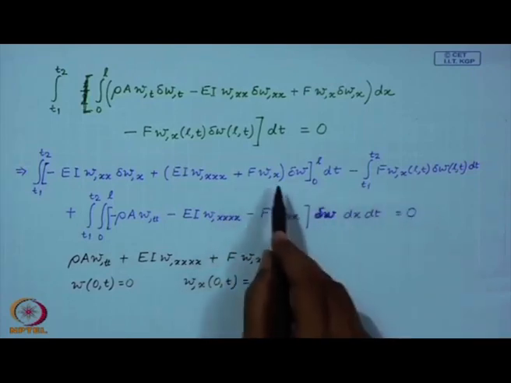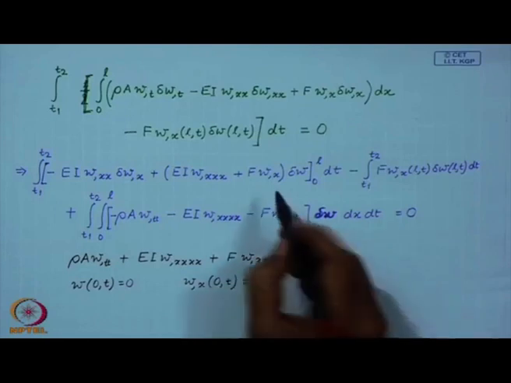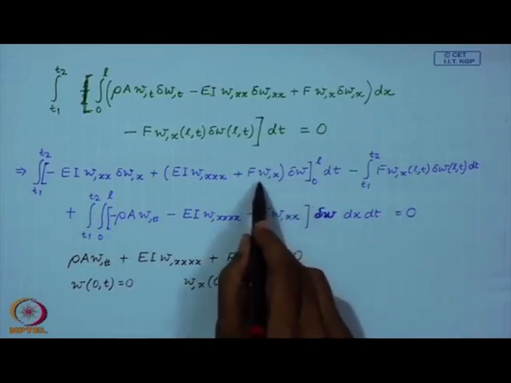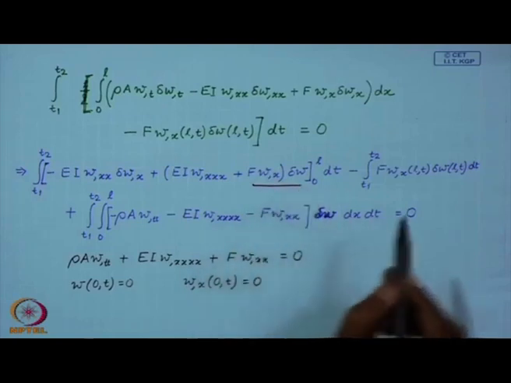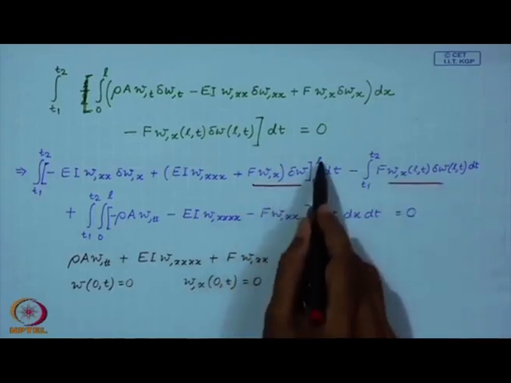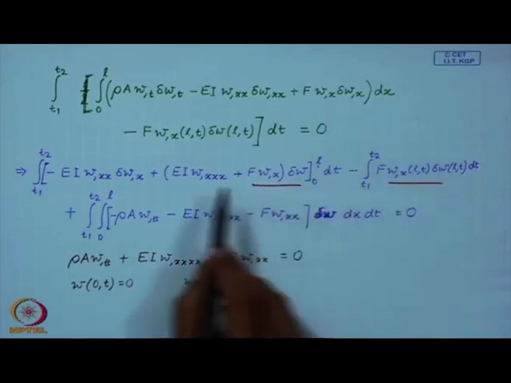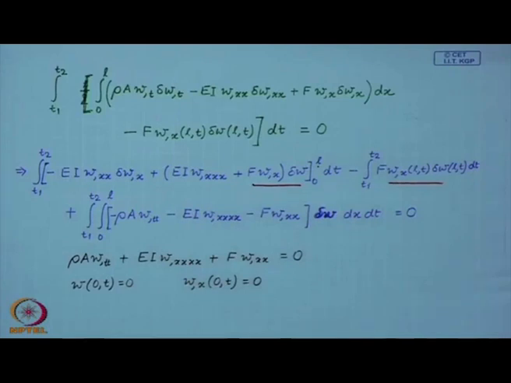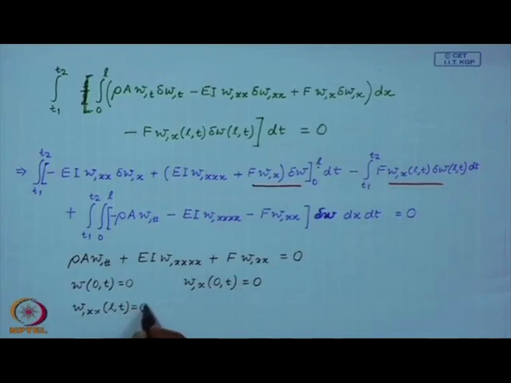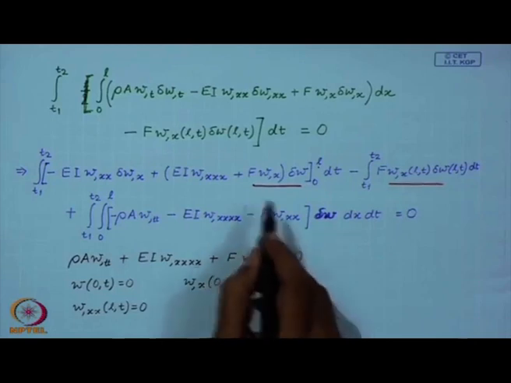Here if you look at these two terms, this term evaluated at L and this term are going to cancel, and finally, what you are left with at x equal to L are the natural boundary conditions at x equal to L.